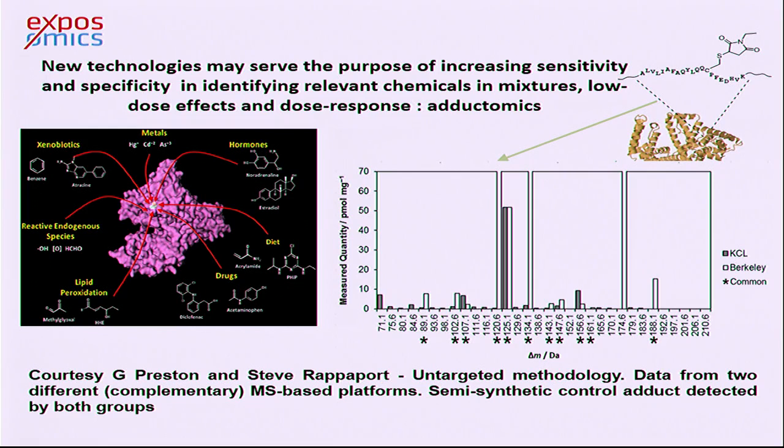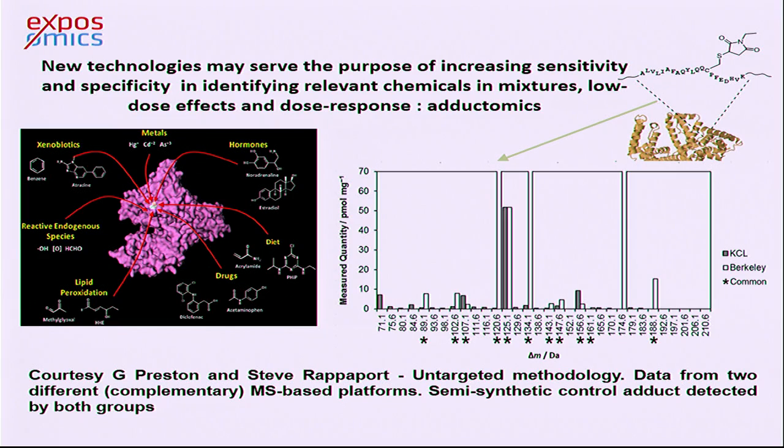And the assumption is that, since this is an agnostic search, by definition, because omics are all agnostic, they look at the whole set of a certain kind of molecule.